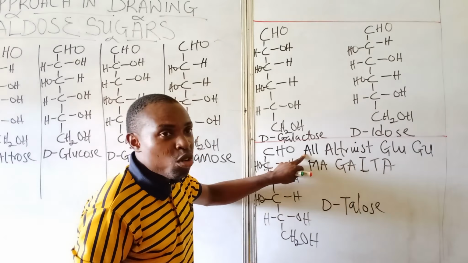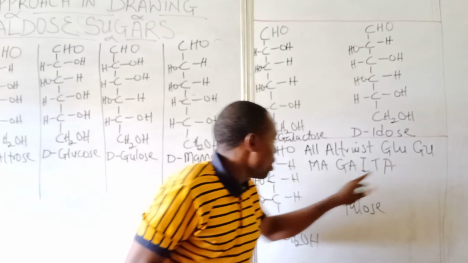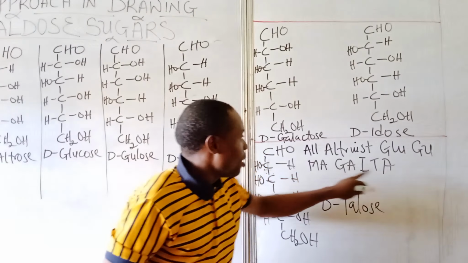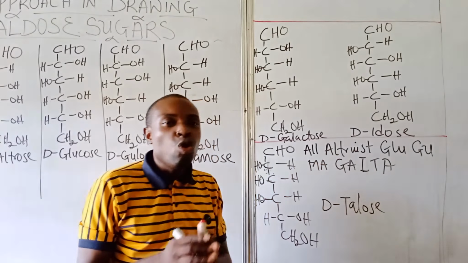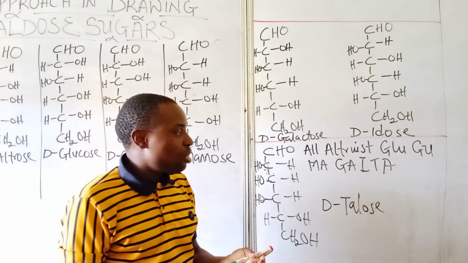Whereby the allose, the altrose, the glucose, the gulose, the mannose, the galactose, the idose, and the talose are all altruist margarita. Yeah, I know it looks funny, but there are still others too.